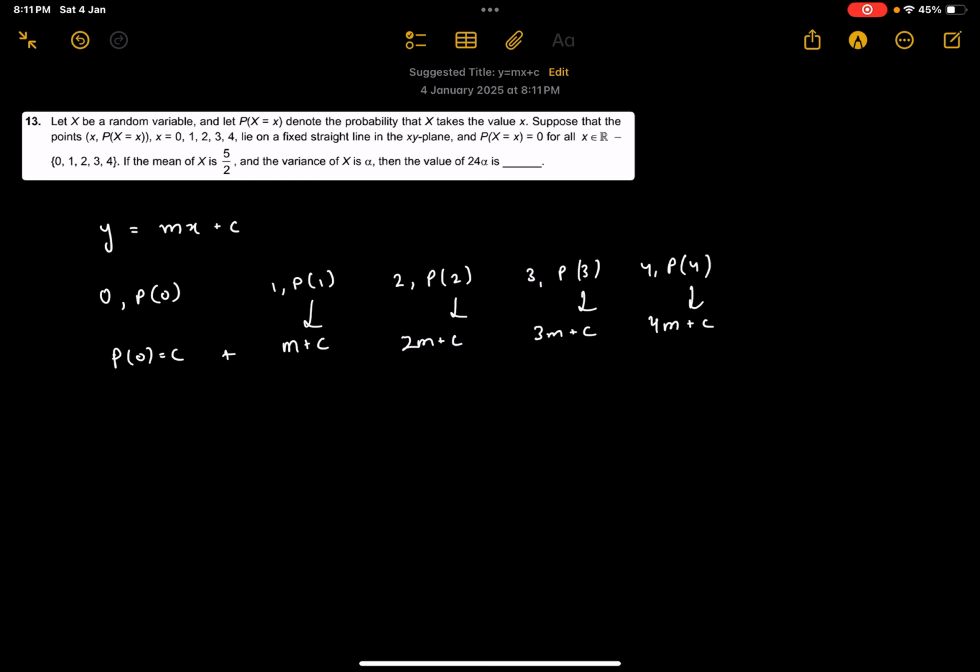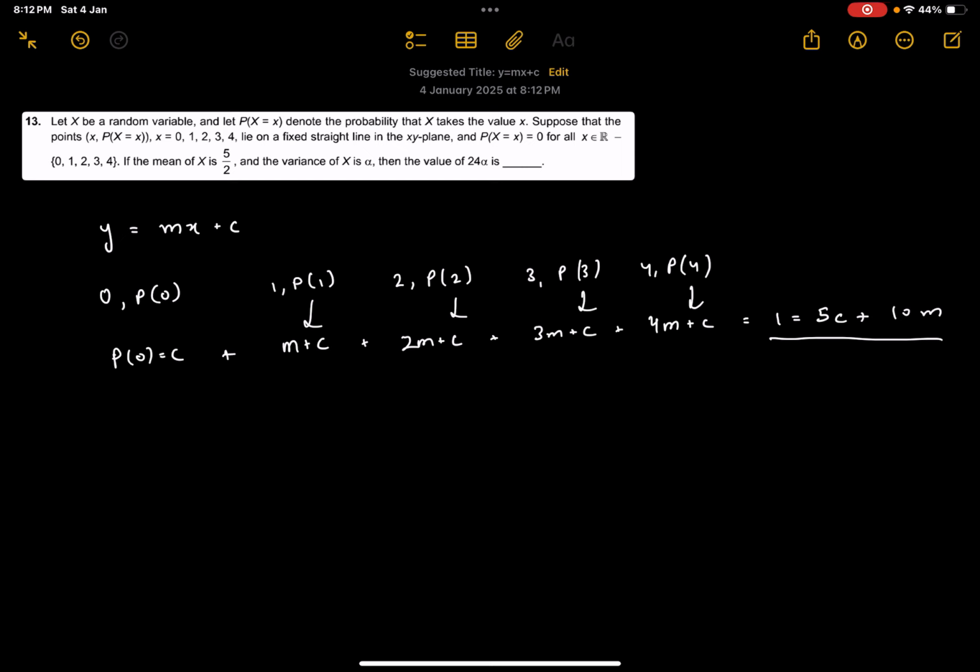So c plus (m plus c) plus and so on should equal 1, which is 5c plus 10m. So this is the first equation that we get.